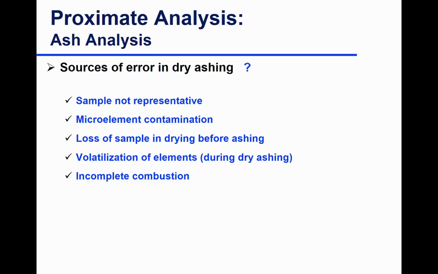And if your sample is high in moisture and you do not pre-dry it, when you put your sample in, it starts to boil off and splattering occurs. And then, of course, this is typical for any type of analysis: if your sample is not representative, not homogeneous, you did not mill it appropriately, and you grabbed a portion of a sample that has not been homogenized.